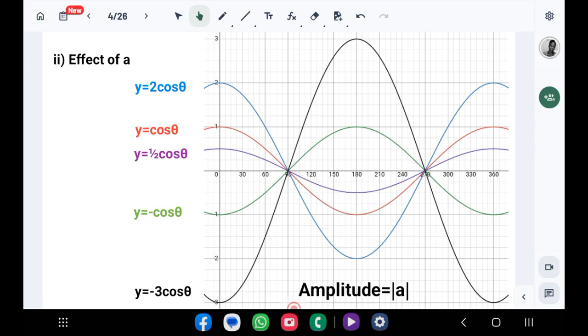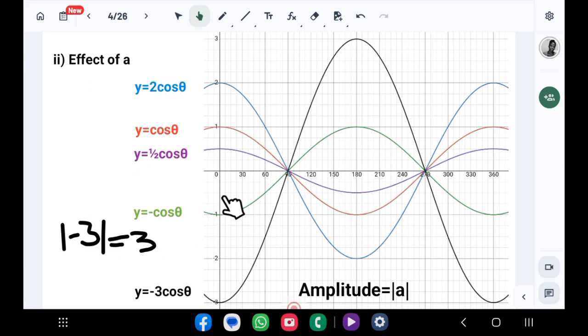So if your A is -3, your amplitude will simply be equal to the absolute value of -3, which is equal to +3, because the absolute value makes whatever is inside positive, whether it is negative or positive. So we're dealing with length, not necessarily direction.